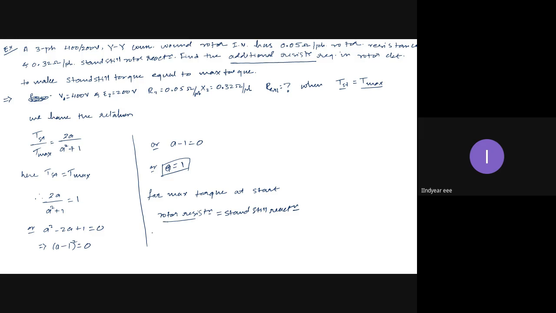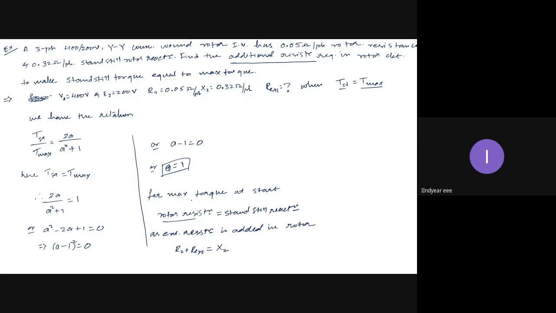So as external resistance is added in the rotor, my R2 plus R external is now equal to X2.